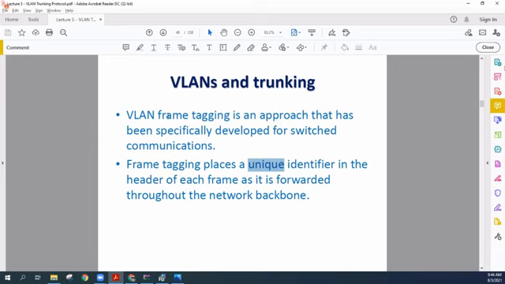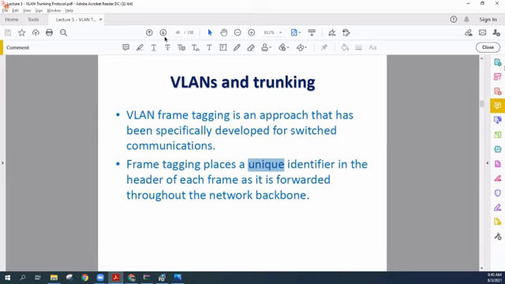With that, a particular VLAN can be identified. Once the data frame reaches the destination switch, the switch removes the tag, the cap, and puts it forward to the particular VLAN.